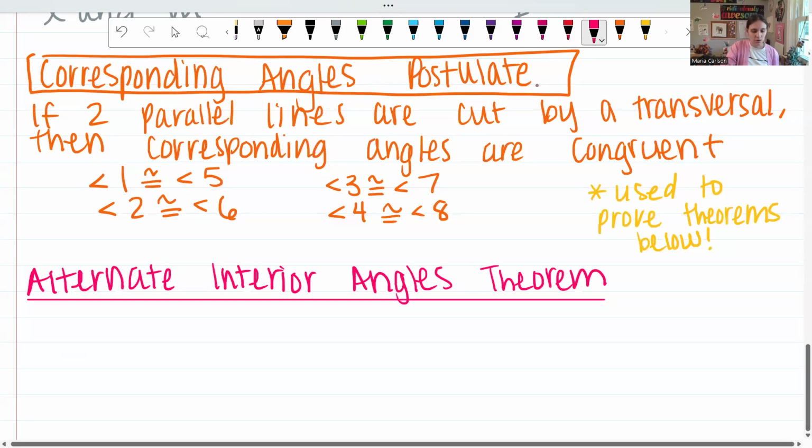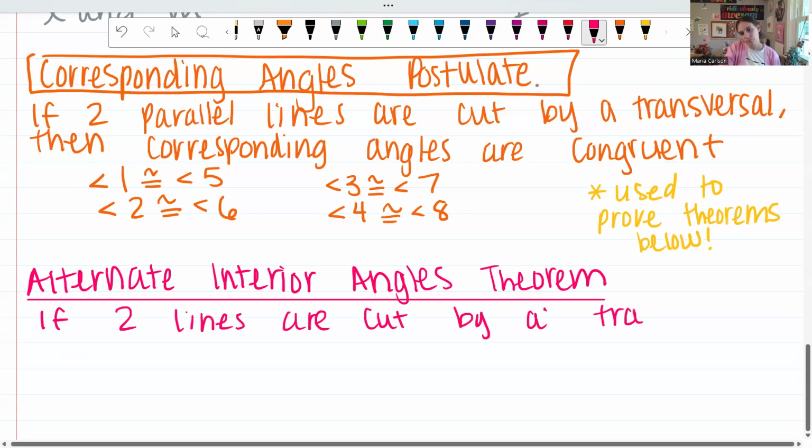And that states when two lines are cut by a transversal, or if two lines are cut by a transversal, alternate in, oh, I knew I was missing something.